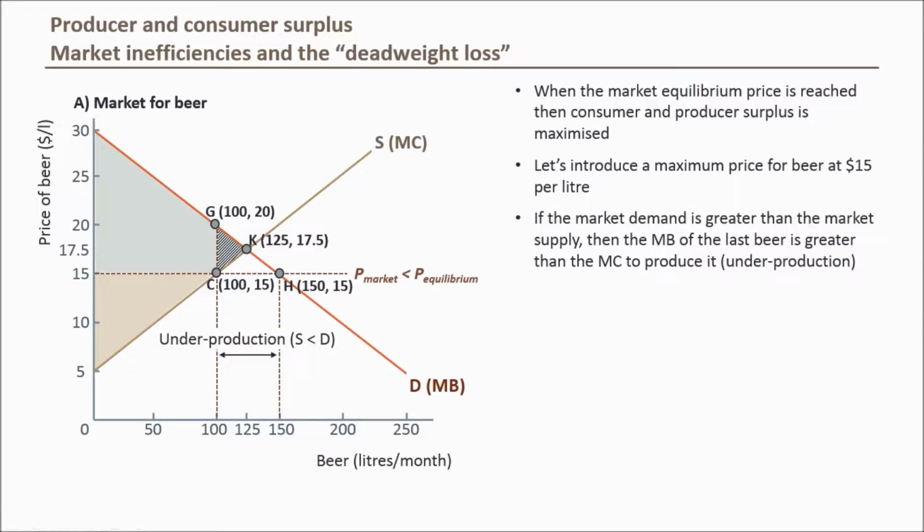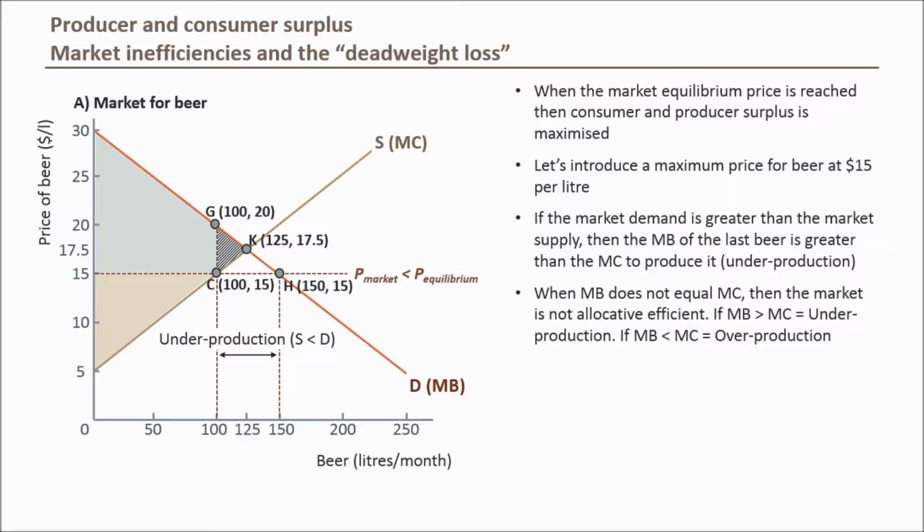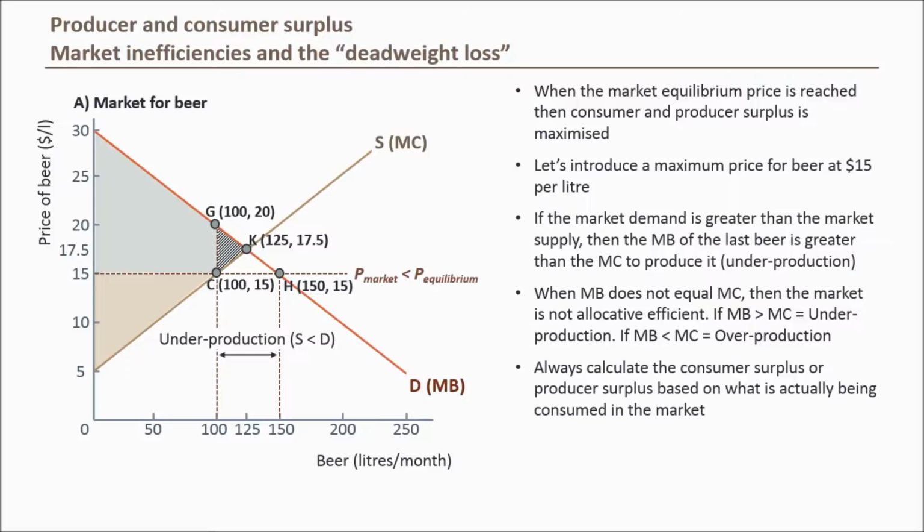This is because producers are only producing 100 liters of beer and consumers are only consuming 100 liters of beer. What is important is that only 100 liters of beer is being consumed, and therefore you base your calculations on the 100th liter of beer quantity.